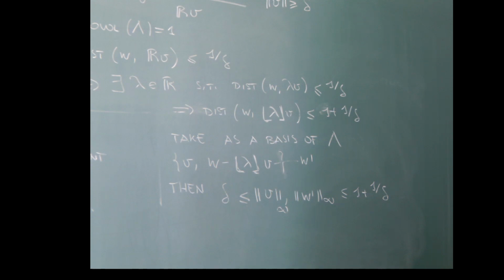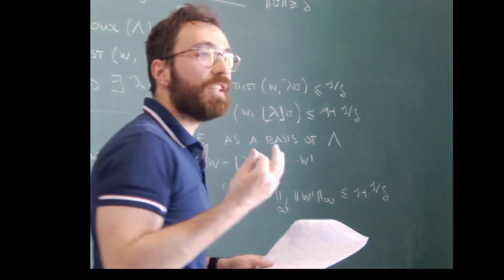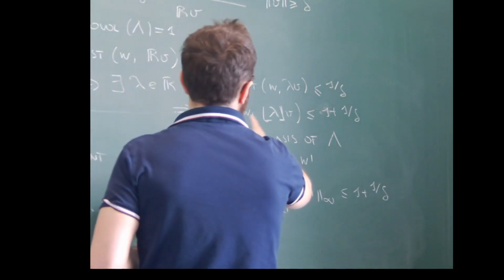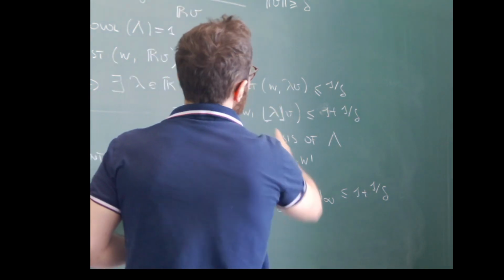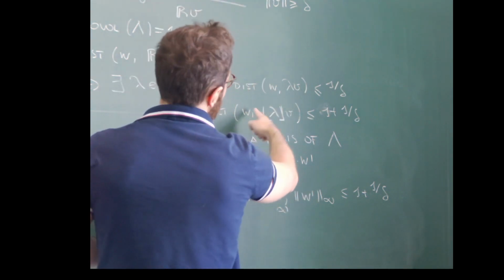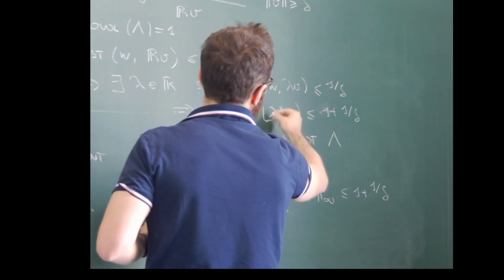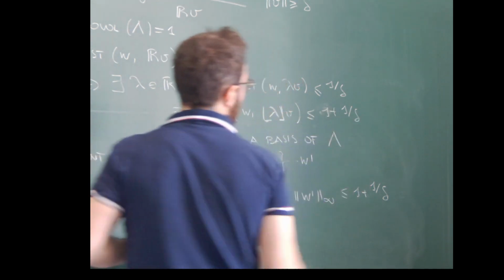Should it be the length of V on the left-hand side instead of delta? Sorry? The length of V is at most 1. Okay, yeah, no, sorry. So you have that the distance between W and this vector here is at most 1 plus 1 divided by delta.